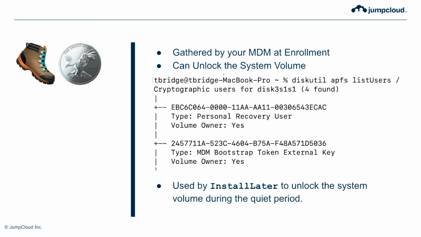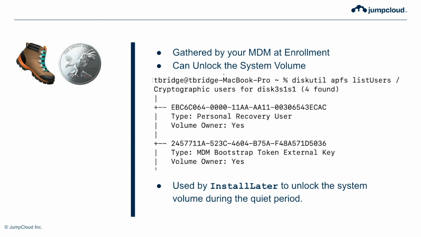Essentially, when you say install a new version of the operating system, the system says, okay, cool, I'm going to need a bootstrap token for this. It goes and grabs that from the MDM through a special interface that happens as part of that process, and it's used by install later to unlock the system during the quiet period. So the system is asleep, in a secured mode, protected by a user password.